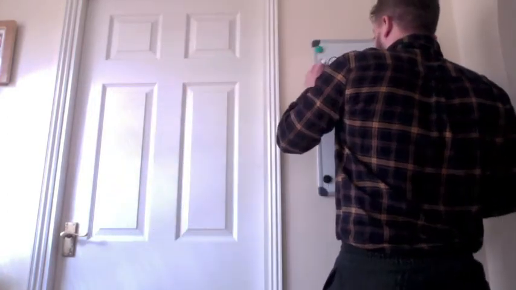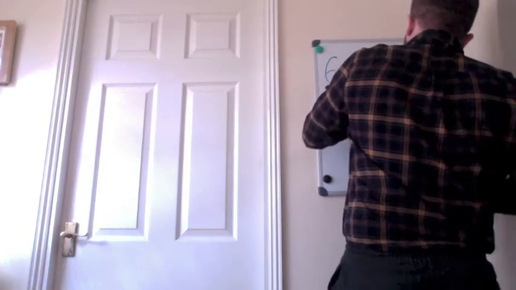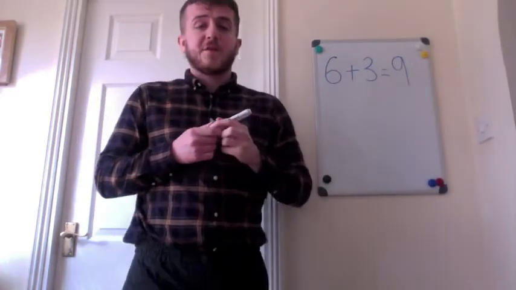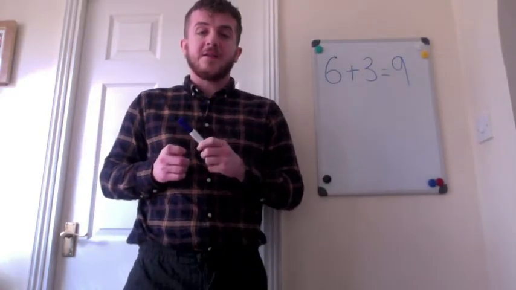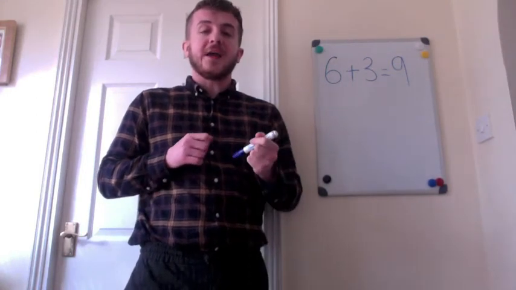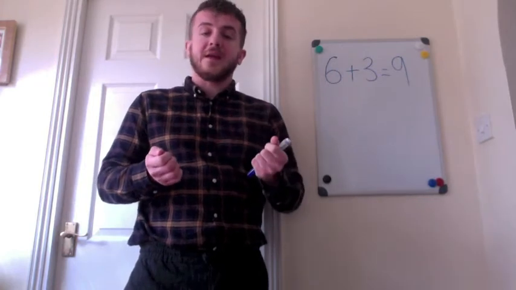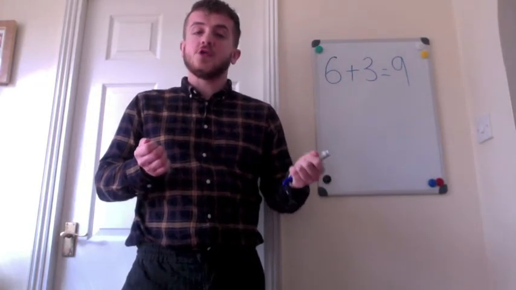Very simple to start off with. Okay, so I've calculated, using all my brain power, 6 plus 3 equals 9. To check my answer, I'm going to do the inverse, the opposite. So the opposite of addition would be subtraction.